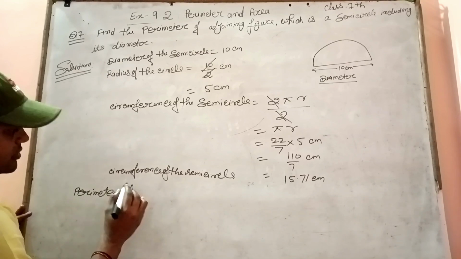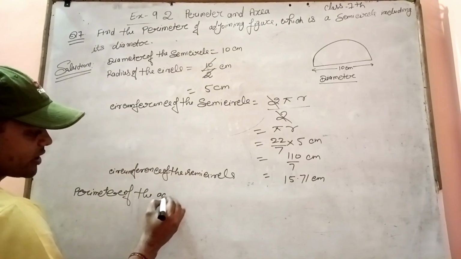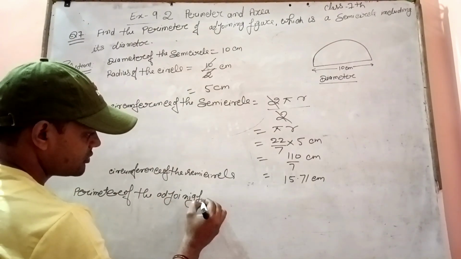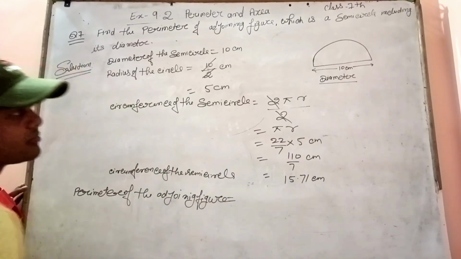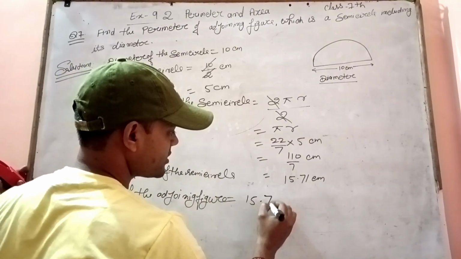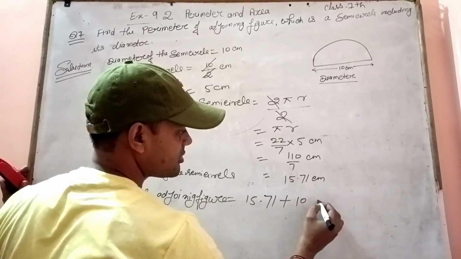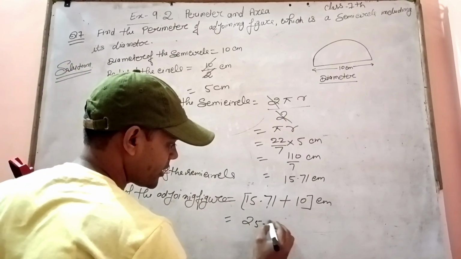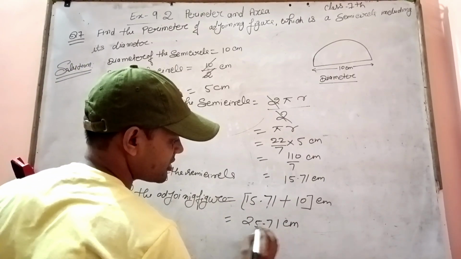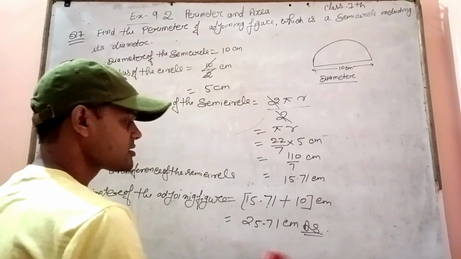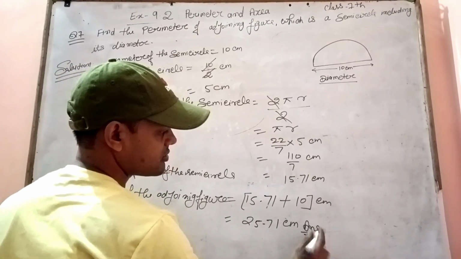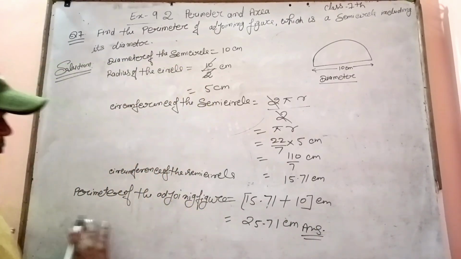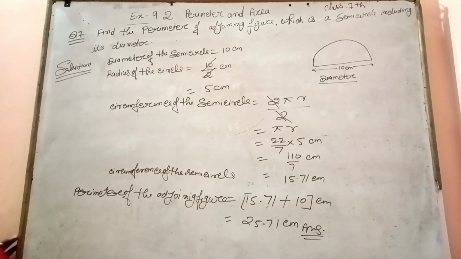Perimeter of the adjoining figure is equal to 15.71 plus 10 centimeter, which is equal to 25.71 centimeter. You will get this answer. Perimeter of the adjoining figure is equal to 25.71 centimeter.